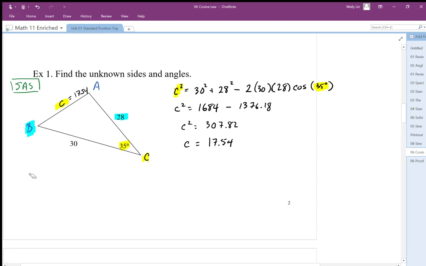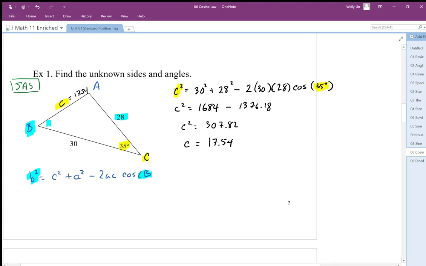When I set up the cosine law, it looks like this: B squared equals C squared plus A squared minus 2AC cosine of angle B. That's going to find this angle B in here. As long as the opposite side and angle show up in my equation with the angle here and the side here, the cosine law will work.